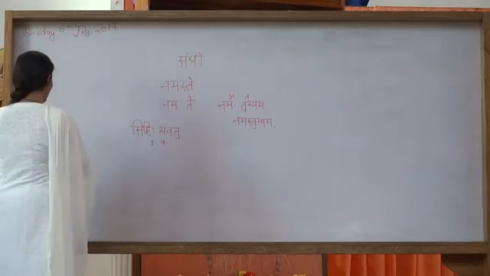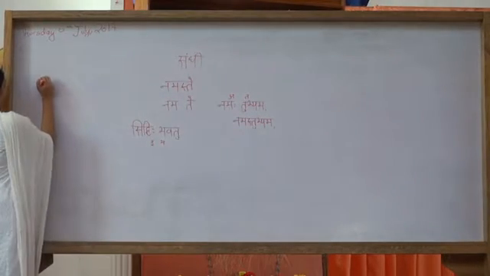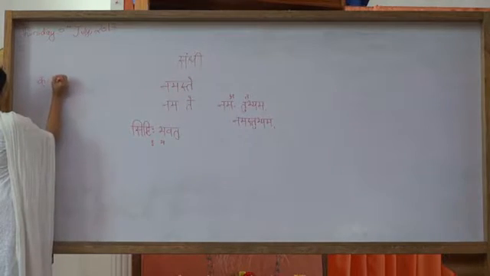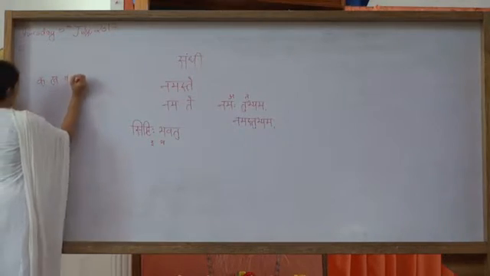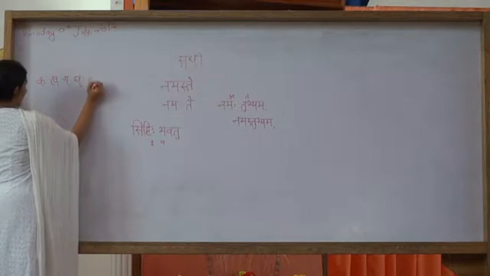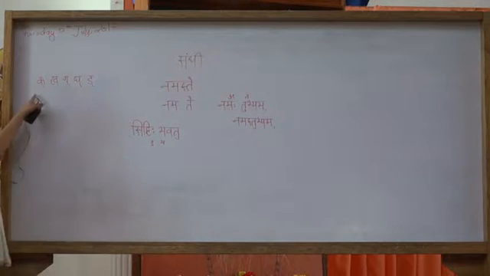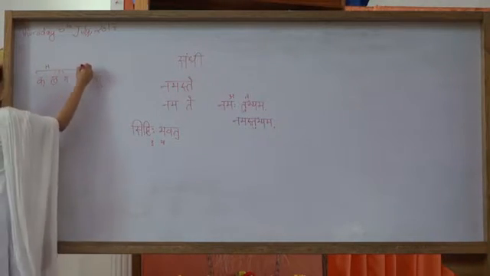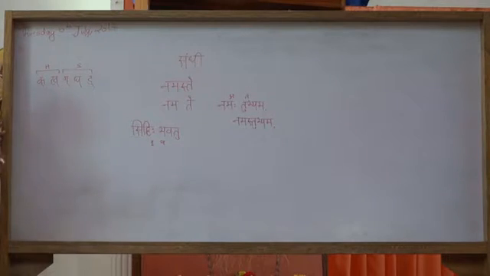Okay, here. Ka, ka, ka, ka. Right? These two are hard, and these three are soft consonants. Okay?